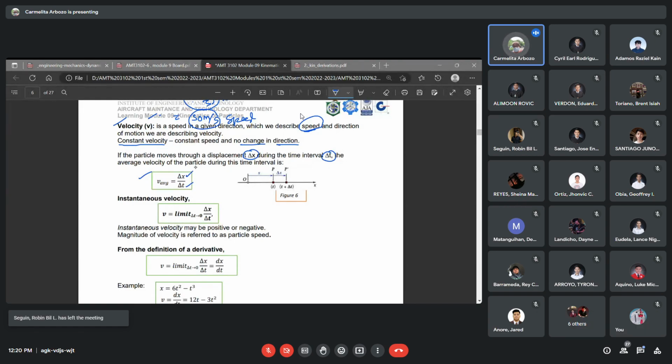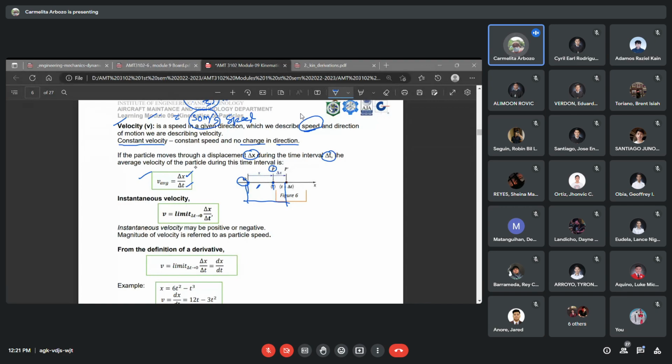So, let's say ito yung origin natin. Okay, so mula sa origin up to this point P, and then from point P to P prime, meron tayong tinatawag na delta x, no? Kasi, itong mula rito, then mula rito. Yan.